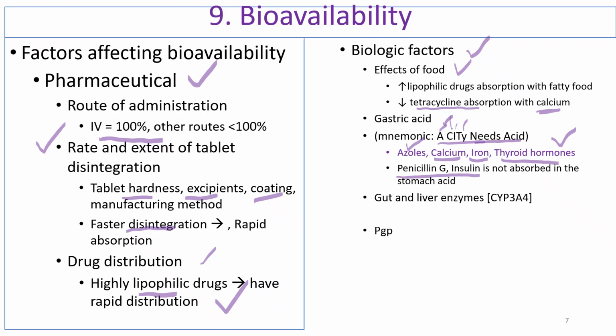Right? And also the gut and liver enzymes. The liver enzymes metabolize the drug, which leads to high first pass metabolism, and that decreases the bioavailability. P-glycoprotein is an efflux pump. It affects a lot of chemicals and xenobiotics from absorption, which may decrease the bioavailability.